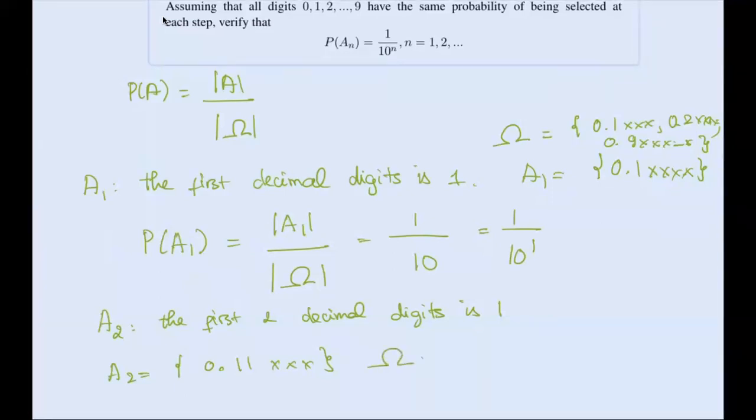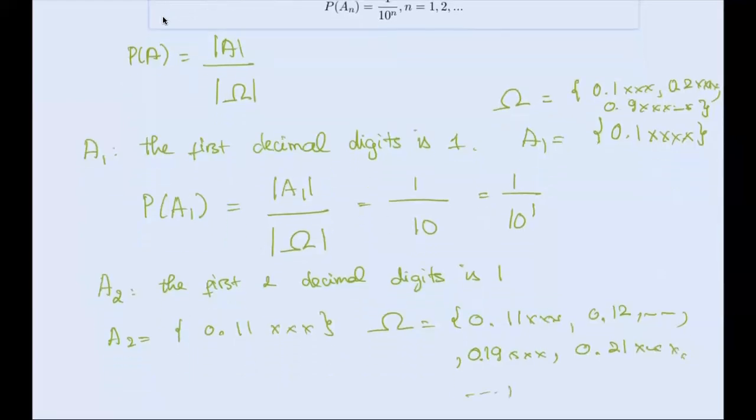In the sample space, you will have like 0.11 something, 0.12 something, up to like 0.19 something, and then 0.21 something, up to 0.29 something. And in the end, it will be like 0.99 something.